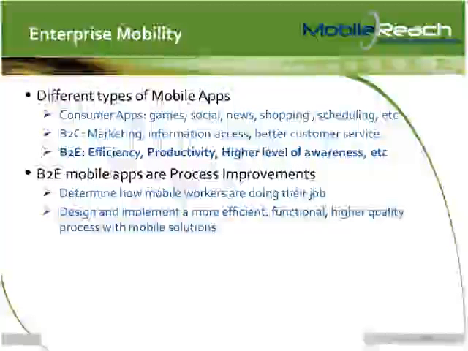Secondly, it's important, as Jay mentioned earlier in the introduction, to note that B2E mobile applications are process improvements. They have to make the organization more productive, better in some way or another. Otherwise, it doesn't make sense to implement a mobile application.